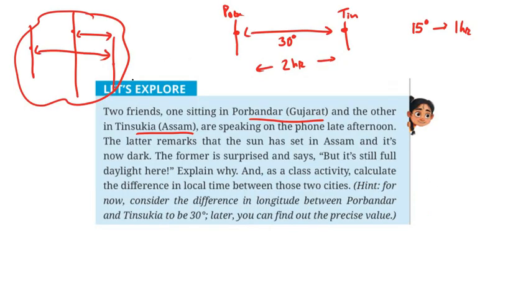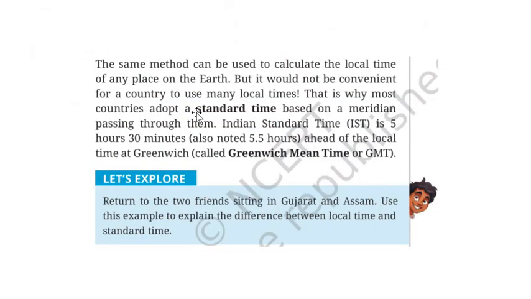So instead of considering local times in all these places, we consider an overall standard time so that we can have convenience in life. And this is based on one of the meridians passing through the country.